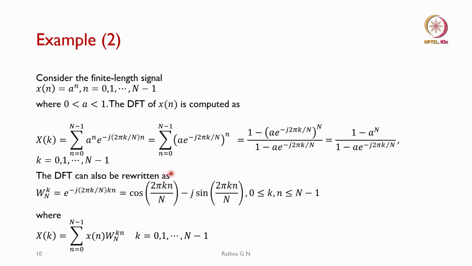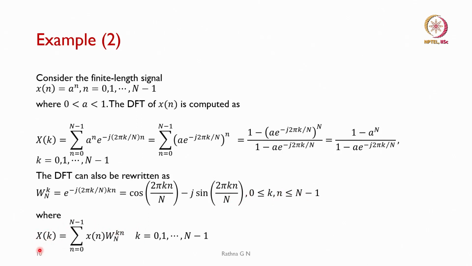We can represent this DFT using W N k n, which we call the twiddle factor, given as e power minus j 2 pi k n by N. We know that we can split the exponential into cos and sin functions. So, cos 2 pi k n by N is the real part, and minus j sin 2 pi k n by N is the imaginary part. Both k and n will be varying between 0 to N minus 1.